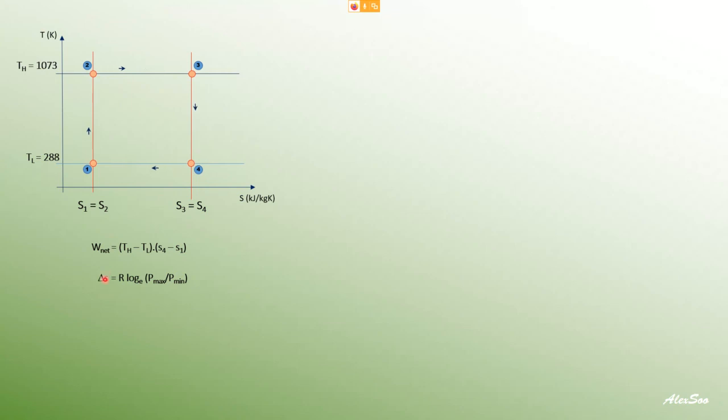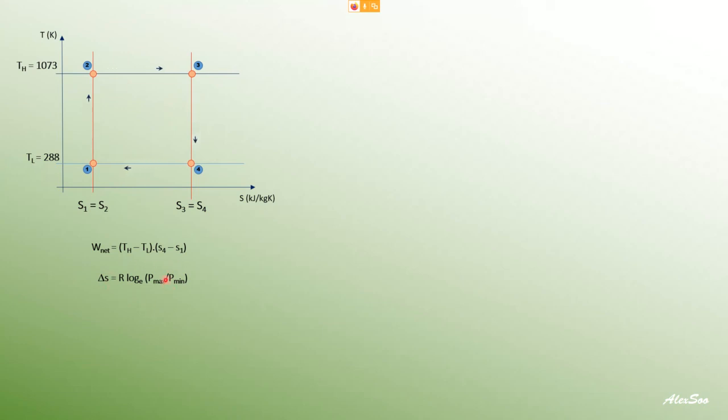And then we need to know the change of entropy also, because 2 to 3 and 4 to 1 involve a change of entropy, unlike 1 to 2 and 3 to 4, which are isentropic. Isentropic means there is no change of entropy for 1 to 2 and 3 to 4. It is only for 4 to 1 and 2 to 3, and remember, the change of entropy for 4 to 1 and 2 to 3 should be the same.